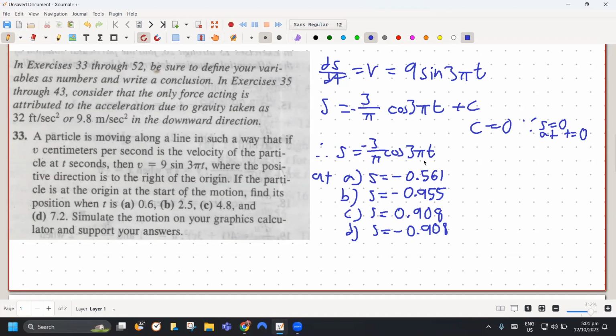So ano yung value ng constant? Teka, may exact value yung constant.